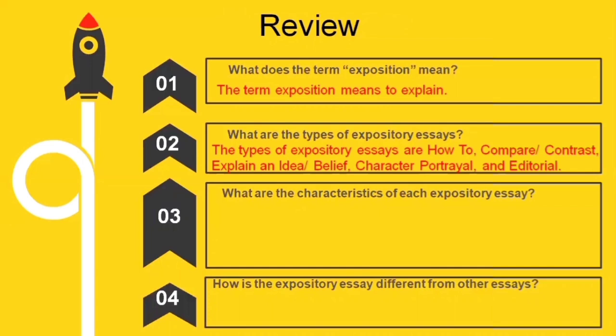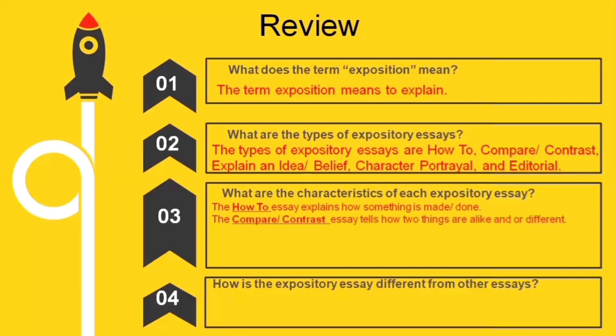Next, we have number 3. What are the characteristics of each expository essay? I'm going to give you a few more seconds to answer. I can hear you answering because this is a long question. Now let's go. We have the how-to essay that explains how something is made or how something is done.